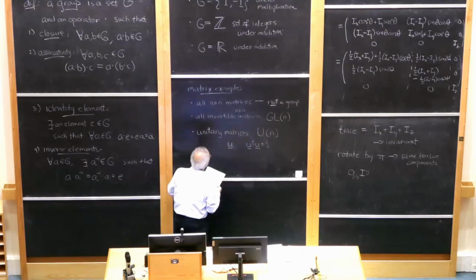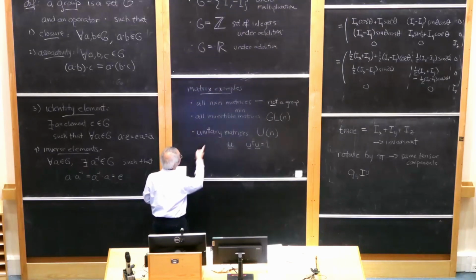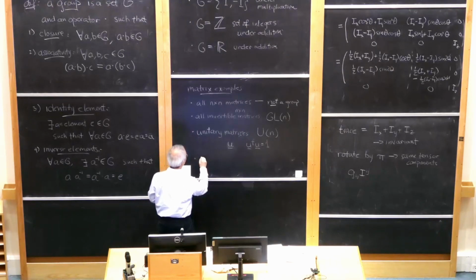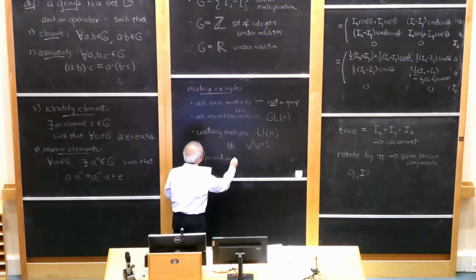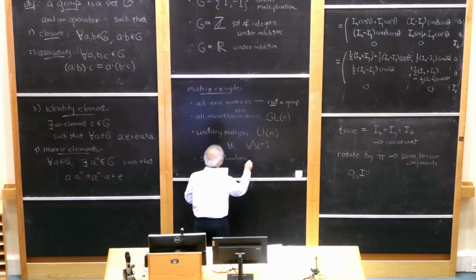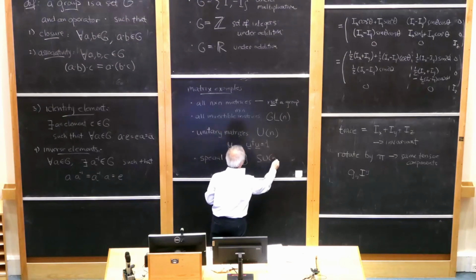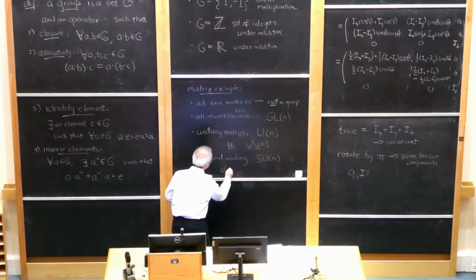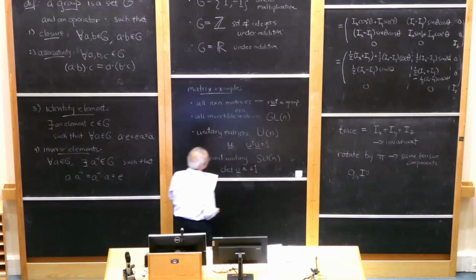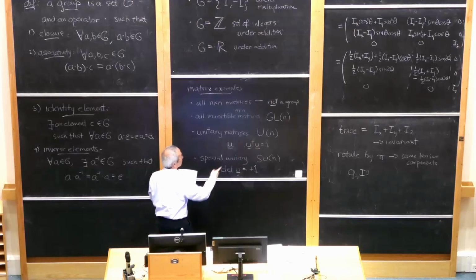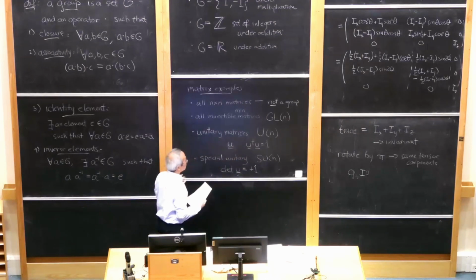On top of this, there is a subset of this, also called a subgroup. When a subset is a group, it's oftentimes just called a subgroup. So we'll call those the special unitary matrices, SU(n), and that's just that the determinant of U has to equal +1, right? Because the previous one allows you to think of the determinant being -1 as well.